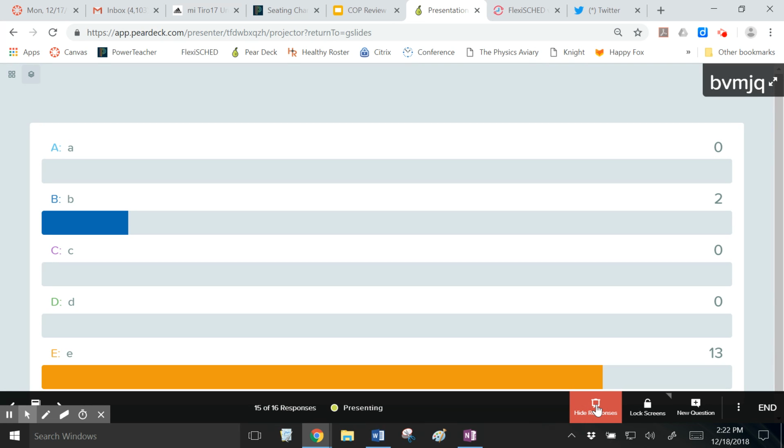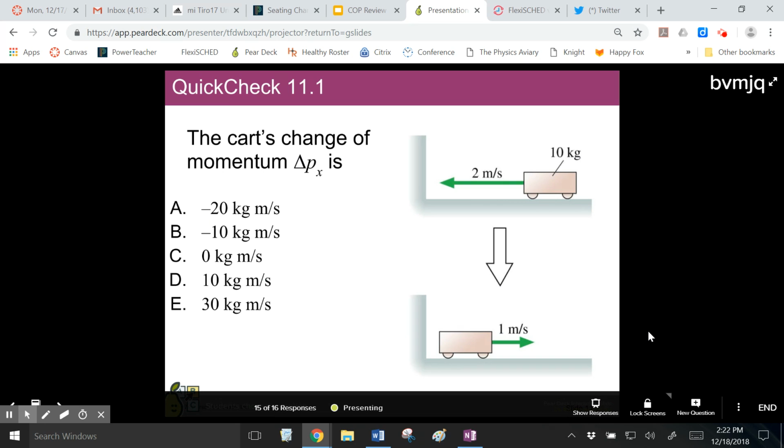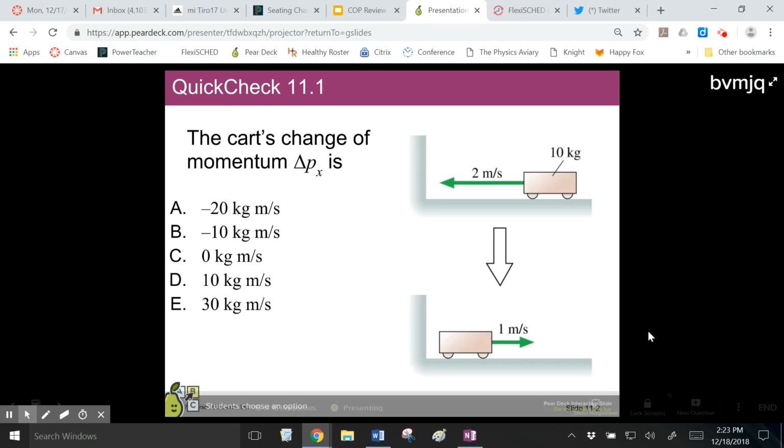All right, we got 13 for E and 2 for B. So why E, one of you 13? Go for it, Ronan. I think it's E because it starts out traveling in a negative direction.